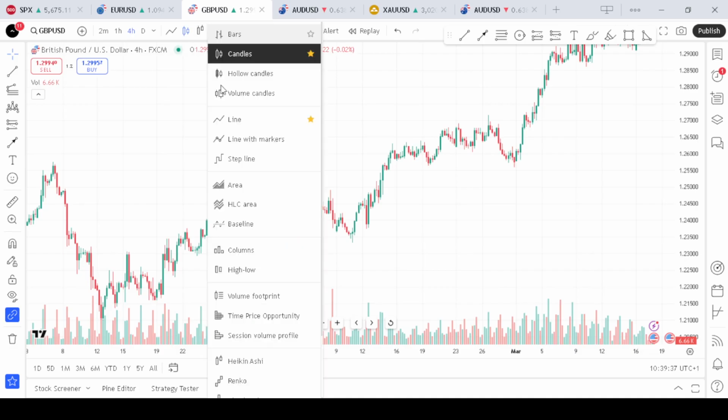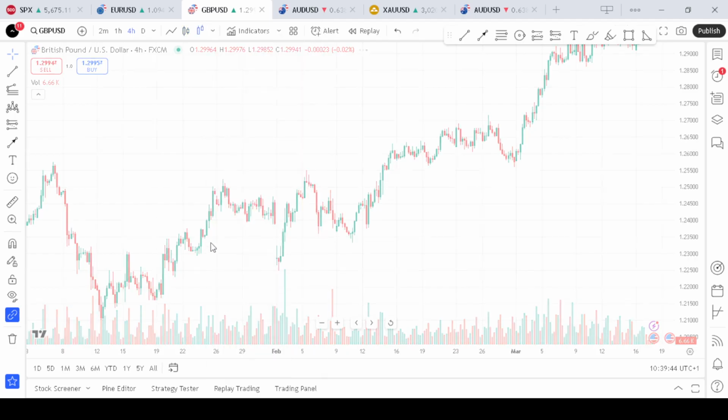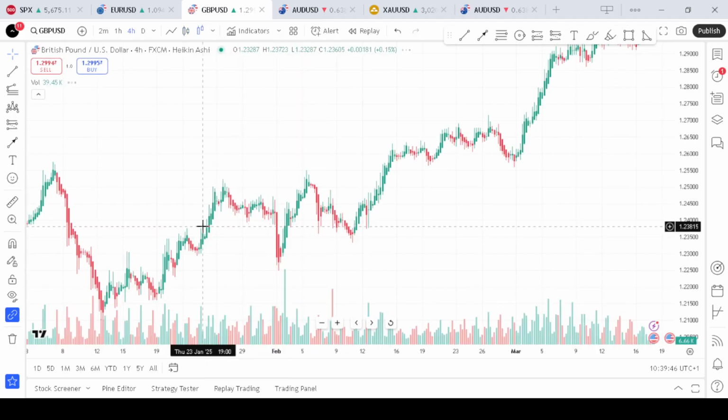So, by installing my Heiken Ashi chart pattern. The Heiken Ashi is a Japanese candlestick-based trading tool that helps traders visualize trends more clearly by eliminating market noise. The name Heiken Ashi translates to average bar in Japanese.